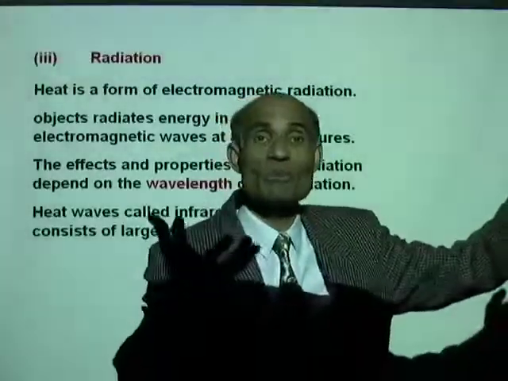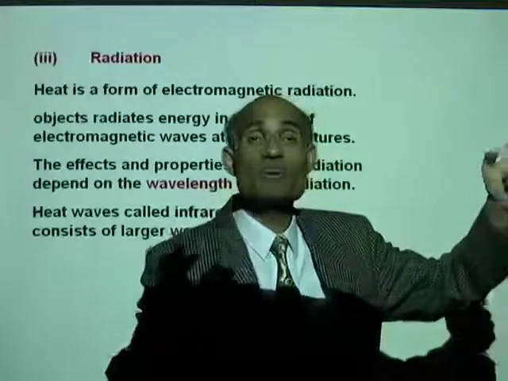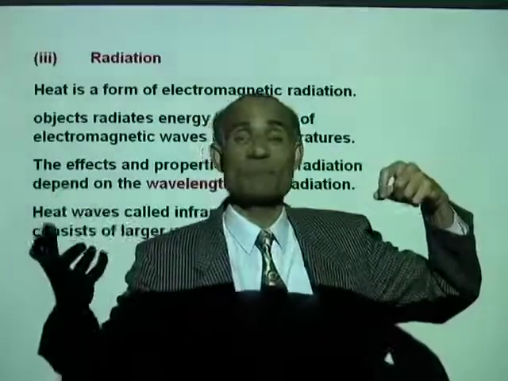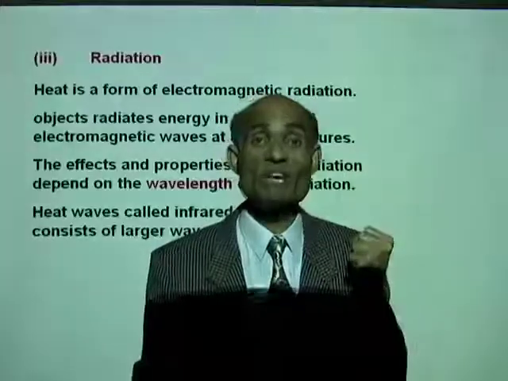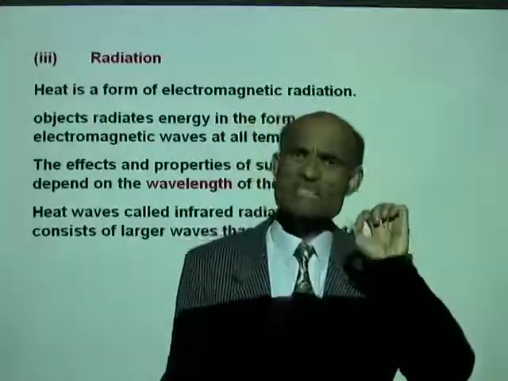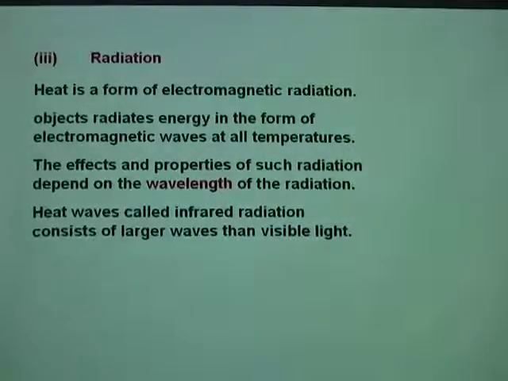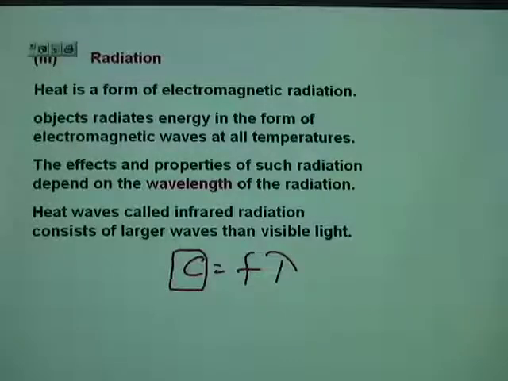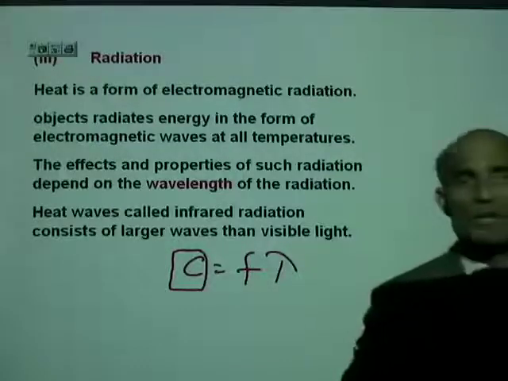Anybody recall the wave equation? V equal to f lambda. And for electromagnetic radiation, the speed is generally described using c. So we say c equal to f lambda. Now, for all radiation, c is a constant. c doesn't change.